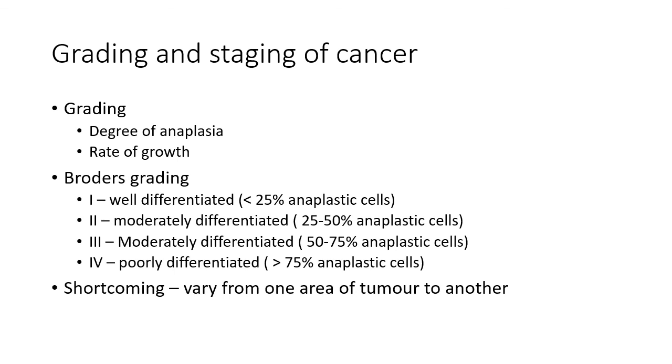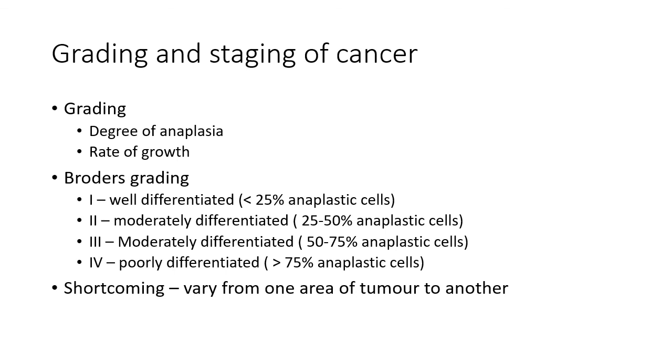What is anaplasia? We just now saw that in great detail. So the grading is dependent upon the degree of anaplasia and rate of growth. For example, Broder's grading of squamous cell carcinoma. In Broder's grading, grade 1 denotes well differentiated carcinoma. That is, the percentage of anaplastic cells is less than 25% of the total cells.